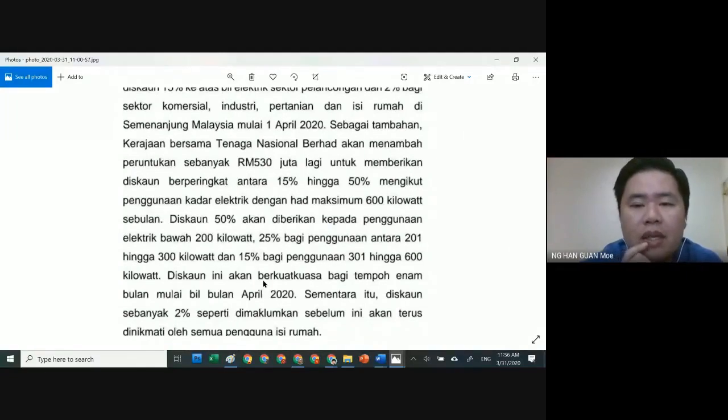Right, 201 until 300 is 25%. And the next block, 301 until 600, is 15%. So 50, 25, 15. And the total bill gets another 2%, as announced before.